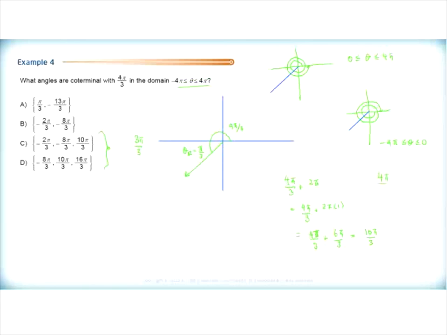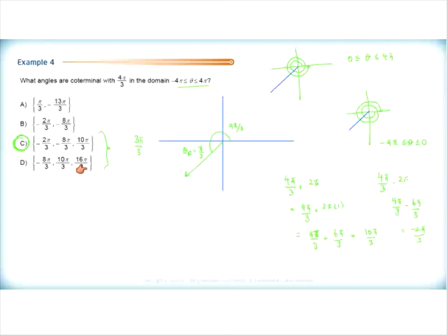You can look at it this way as 4 pi over 3 subtract 2 pi, which will be 4 pi over 3 subtract 6 pi over 3, which is negative 2 pi over 3. So there's an answer, negative 2 pi over 3. The answer has to be C now, because negative 2 pi over 3 is not listed in D. We knew there had to be 3 other answers besides 4 pi over 3, so we knew it had to be C or D. It can't be D because negative 2 pi over 3 is not listed here.